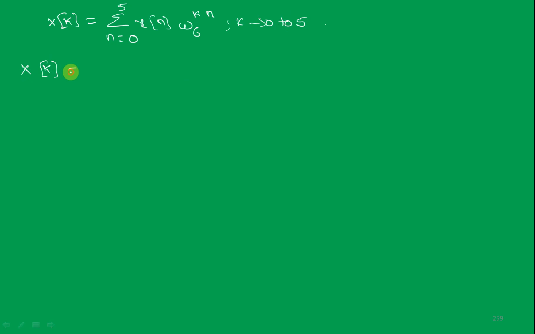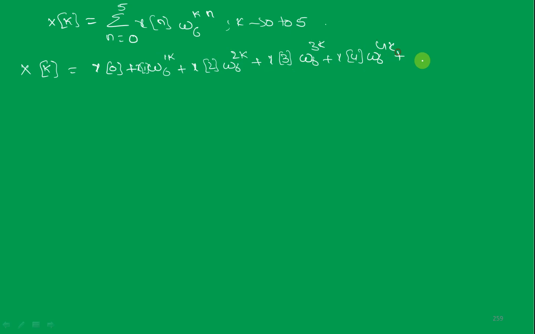X of k is equal to x of 0 plus x of 1 W6 power k, plus x of 2 W6 power 2k, plus x of 3 W6 power 3k, plus x of 4 W6 power 4k, plus x of 5 W6 power 5k.